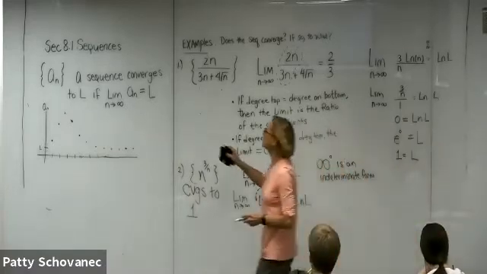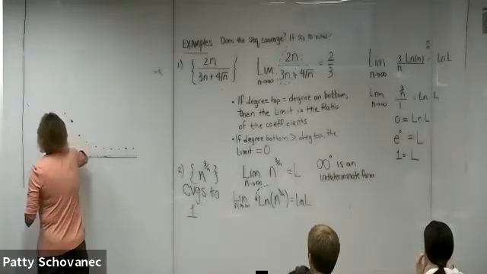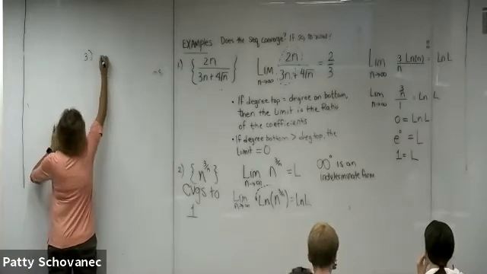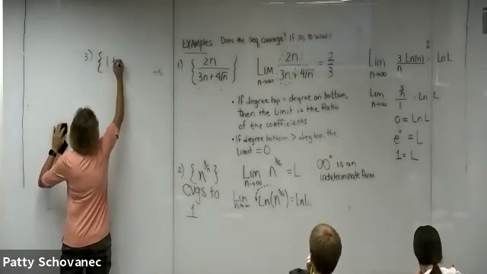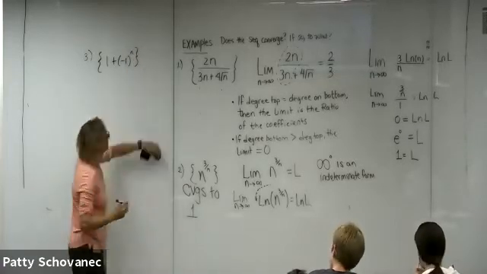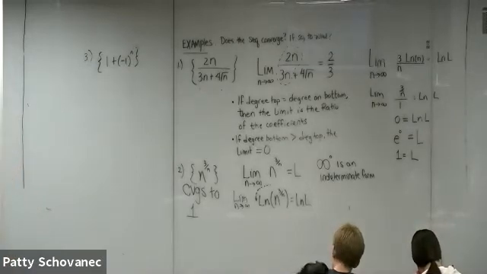What about this sequence? This is gonna oscillate. An oscillator, right? If n is going to be an even number, the value of the sequence is 2.